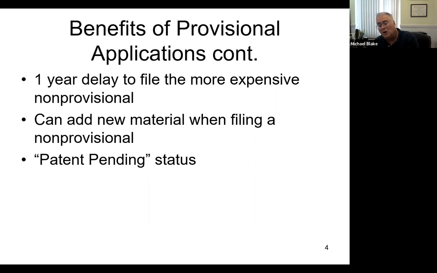Well, that improvement is only protected as of that September 1st, 2023 date. And if somebody else independently invented that improvement and filed a patent application on it before you, they would have superior rights to you.